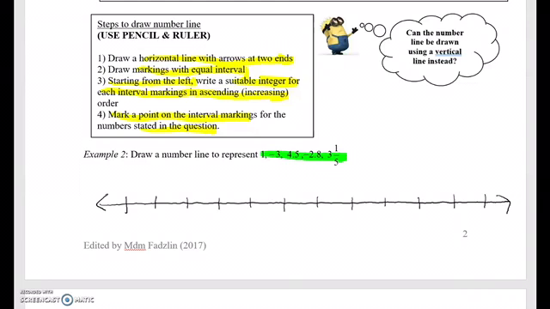So on the markings that have been drawn, since the smallest number is negative 3, I will start with negative 4 on the left of the number line. After that, I increase each interval by 1 unit.